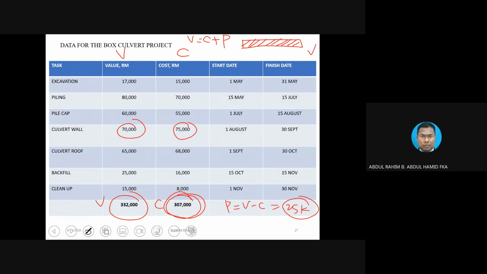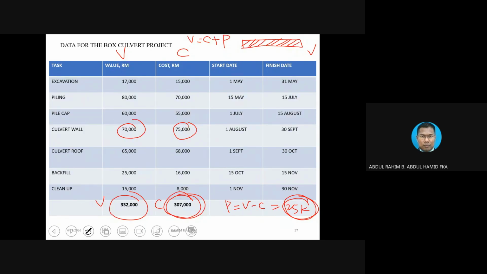And in our class, we always use the concept of profit margin. When you hear the word profit margin, it basically reflects a percentage. So if we ask you what the profit margin for this project is, you know the amount, and then how are you going to calculate the profit margin?